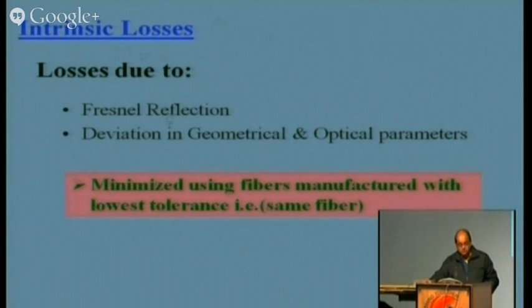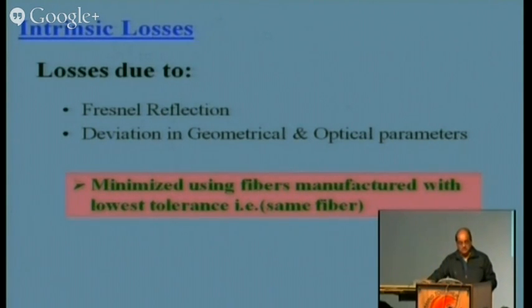Losses due to Fresnel reflection, and losses due to deviation in geometrical and optical parameters, are intrinsic losses, and they are difficult to eradicate. So the only way is that we should minimize those.